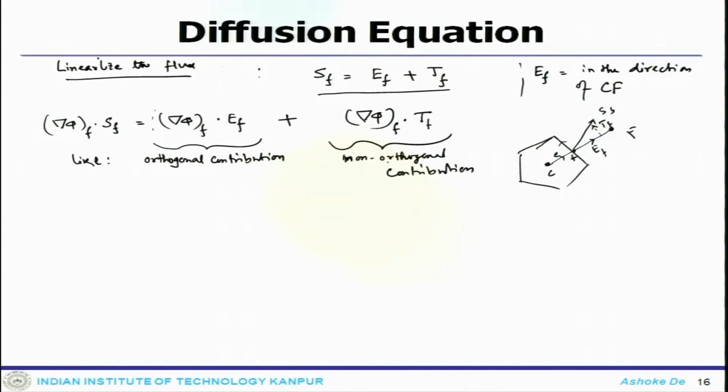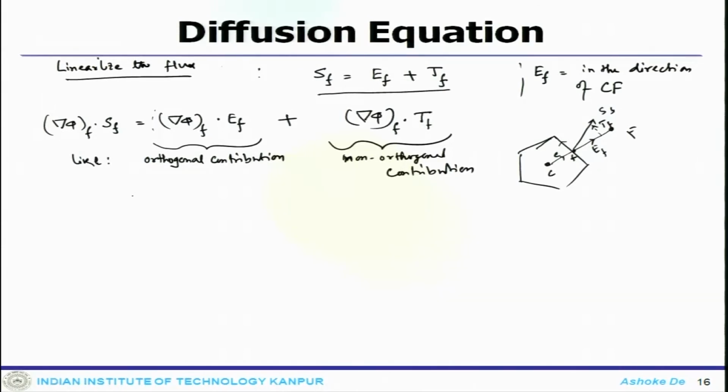Compared to our orthogonal system, this is where the non-orthogonal system starts deviating. You do not have any contribution from the non-orthogonal part in the orthogonal system.